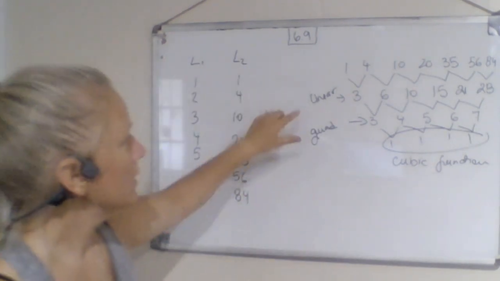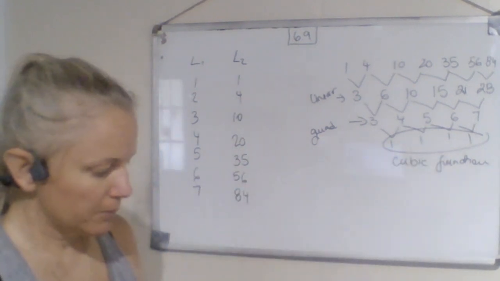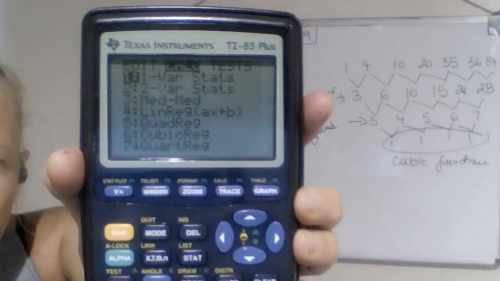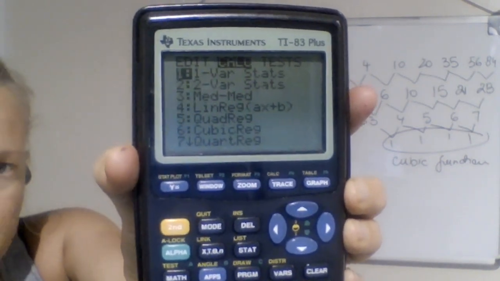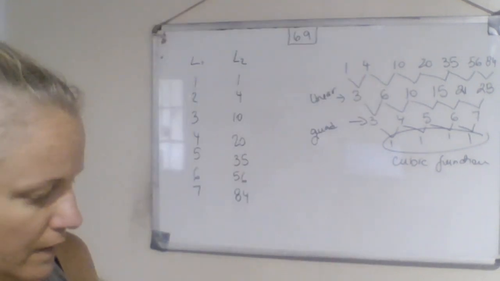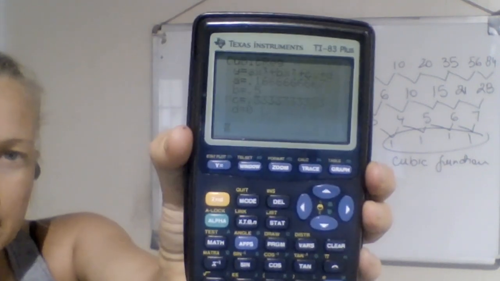Again, remember, not a linear, not a quad, a cubic, because that's where I got all my ones. I'm going to go back to stats. I'm going to go over to calc. And for your cubic, option 6 says cubic reg. I'm going to go to 6. I'm going to hit enter. I'm going to say, yes, I want to do that.